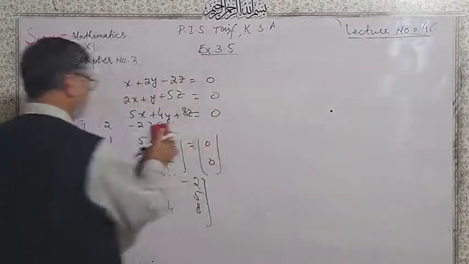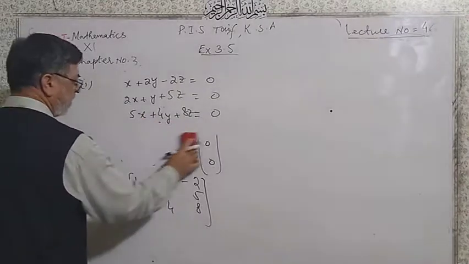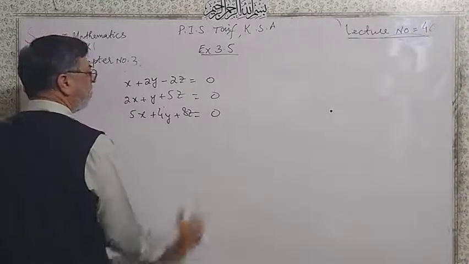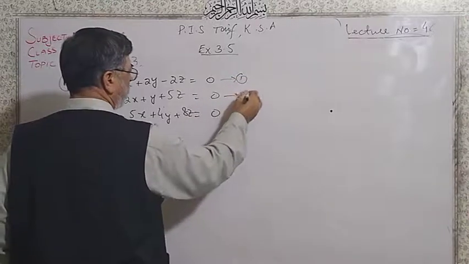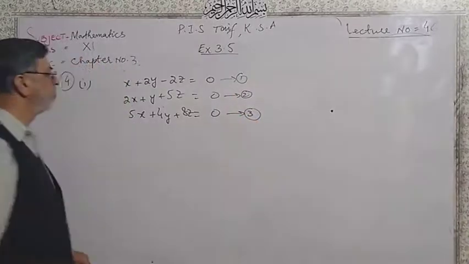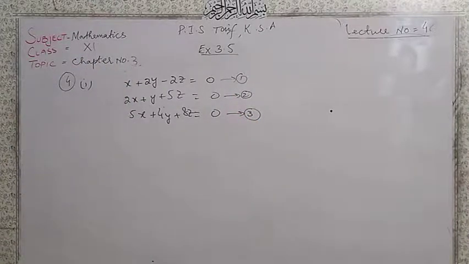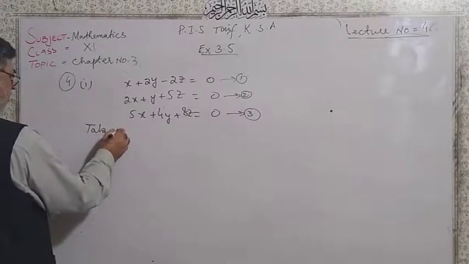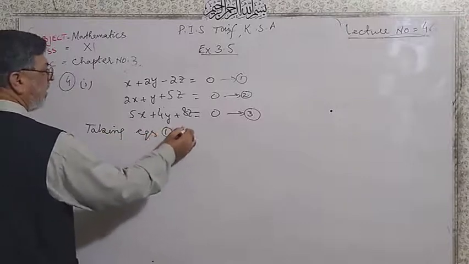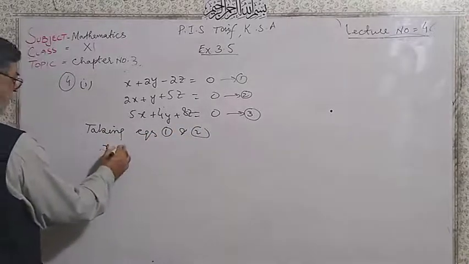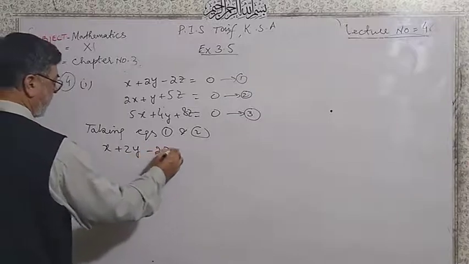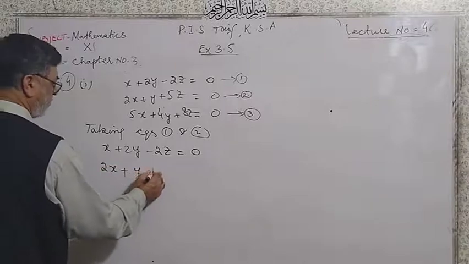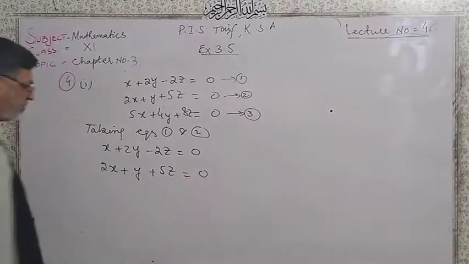Suppose we have the first as equation number 1, this is number 2 and this is number 3. Dear students, we will take equations 1 and 2: x plus 2y minus 2z is equal to 0 and 2x plus y plus 5z is equal to 0.